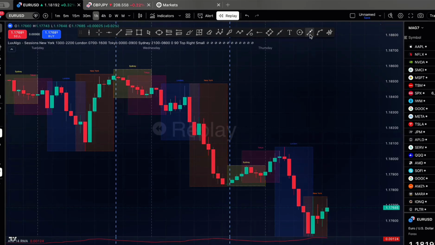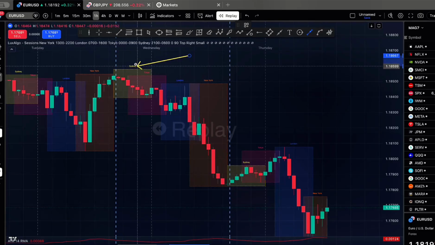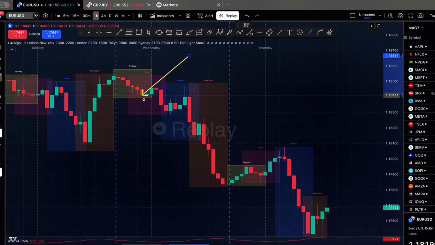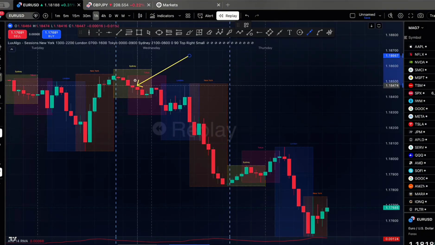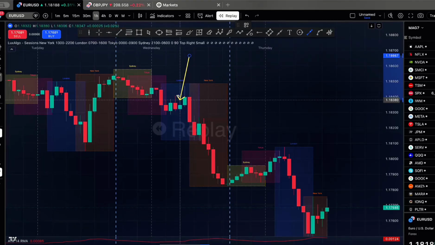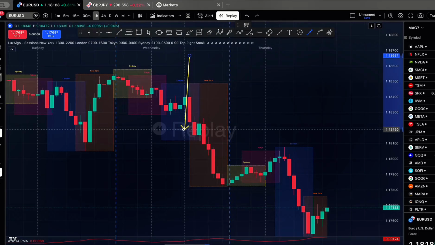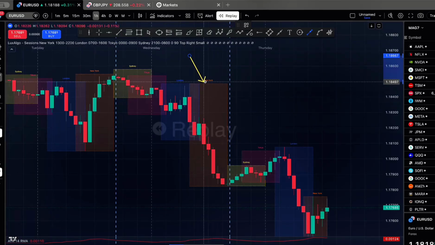So as you can see now, I have here the Sydney session, this first rectangle here, and the Tokyo session is overlapping the Sydney session, and then we have the London session, and the last session that we have here is the New York session.